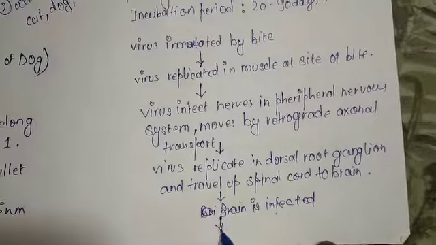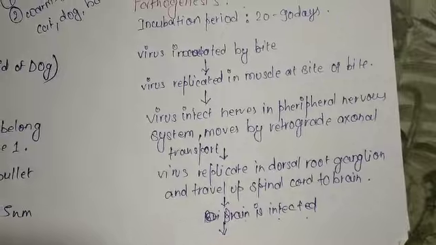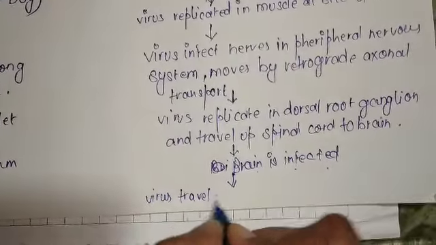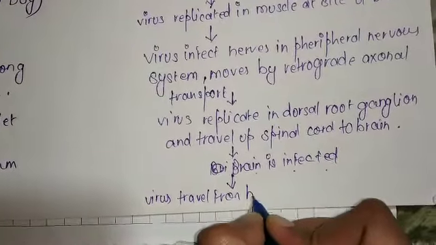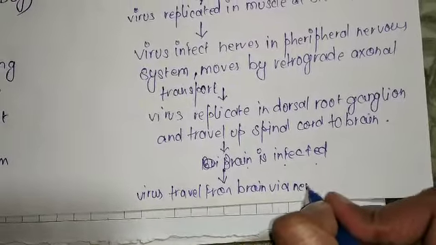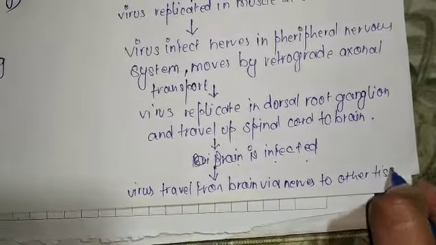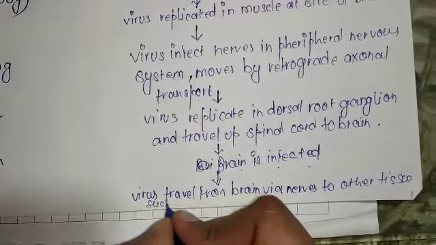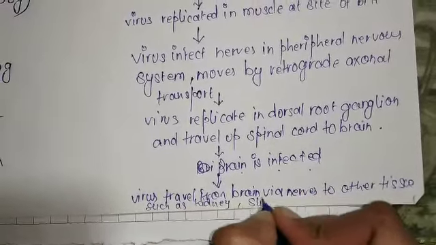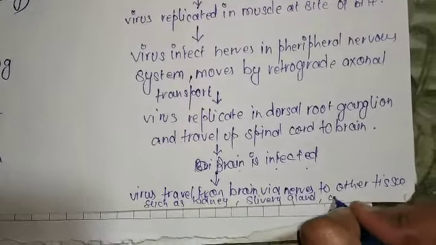After this, once the brain is infected, the virus travels from the brain via nerves to other tissues such as kidney, salivary gland, adrenal gland.